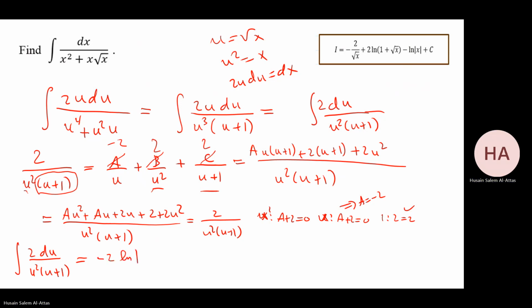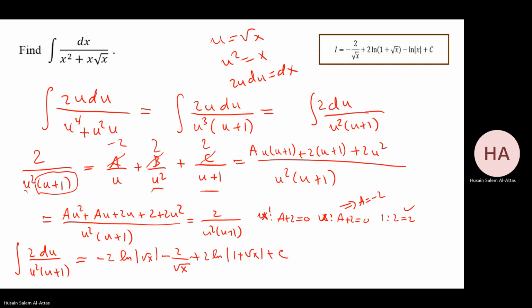What is u? u is square root of x. Plus 2 over u, because 2 over u squared integrates to -2 over u. What is u? It's the square root of x. And plus 2 ln of u plus 1, which is 1 plus the square root of x, which is positive.